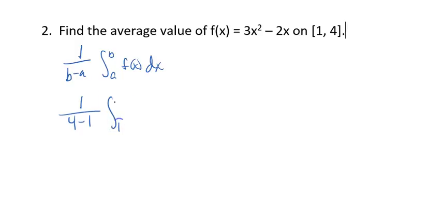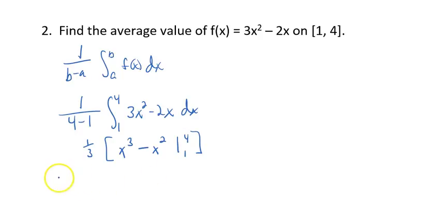I do the integral from 1 to 4, and that's all just with our a's and b's. And put my 3x squared minus 2x dx in. And so now I can use the fundamental theorem to solve this. So this becomes 1/3. And I'm going to take the antiderivative here. So I'm going to use the power rule and get x cubed minus x squared, and I'm evaluating from 1 to 4.